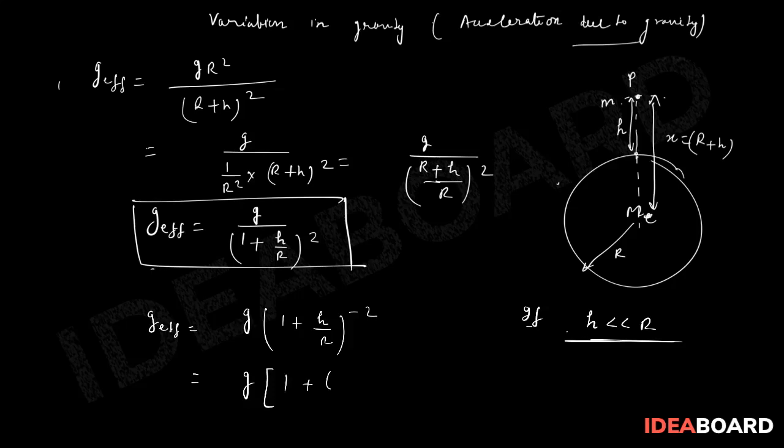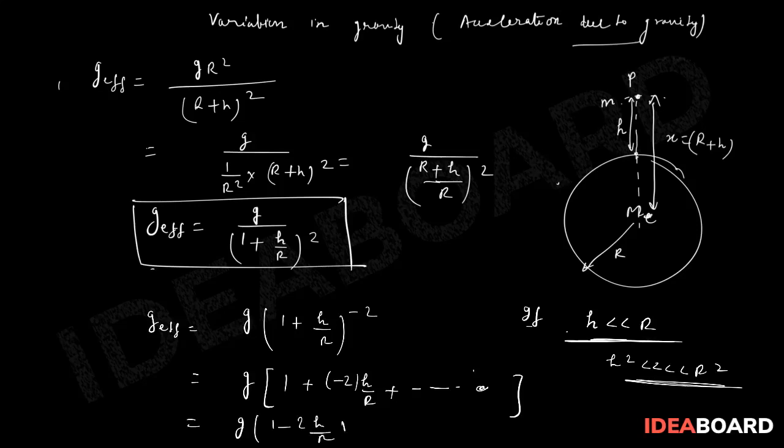So 1 minus 2h upon R, and if h is very small, that means h square upon R square will be further very small, right? So we can ignore the other terms. If we do that, we will achieve 1 minus 2h by R. So sometimes this formula is helpful when there is a huge difference between R and h.